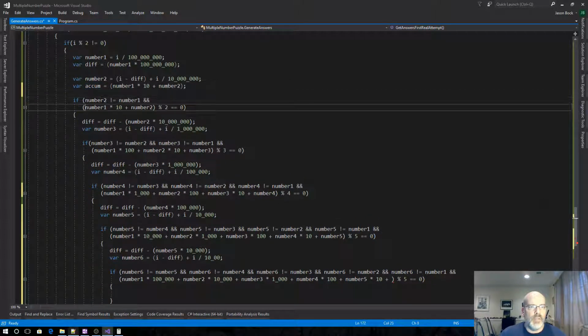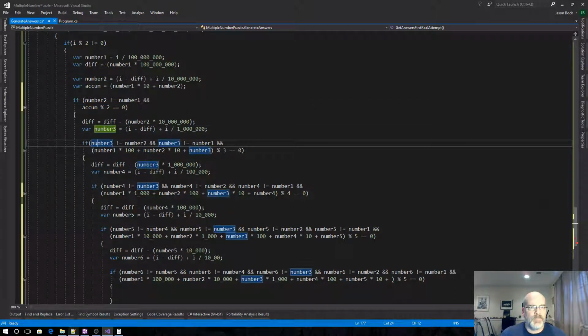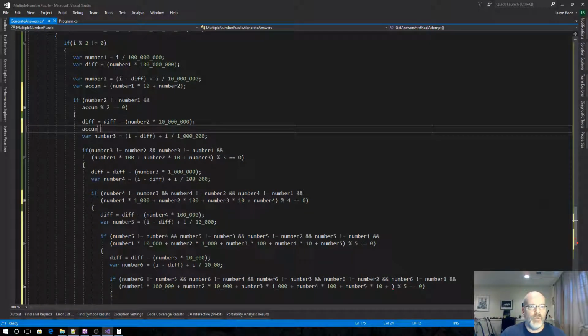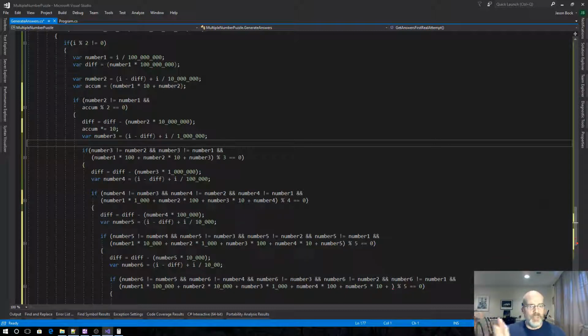So now you have that, right? I say cum is equal to times equals 10. So now you just shifted it over. Because that's all you're doing with this, you keep shifting it over.